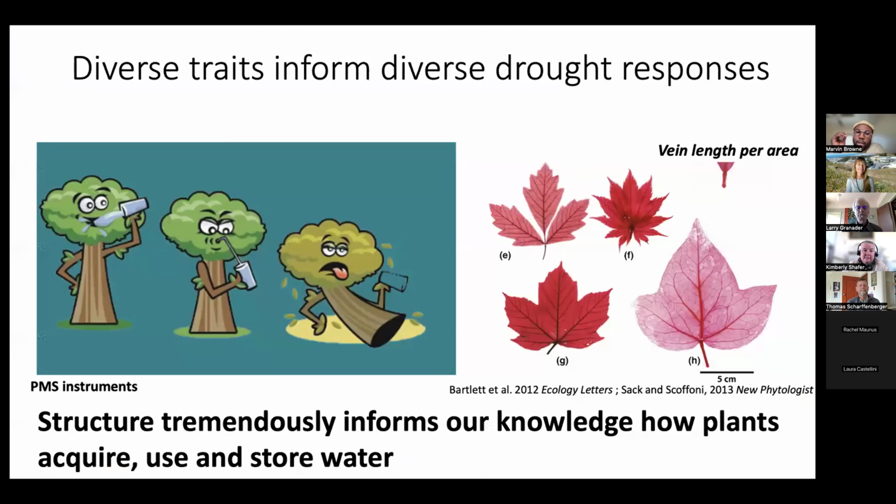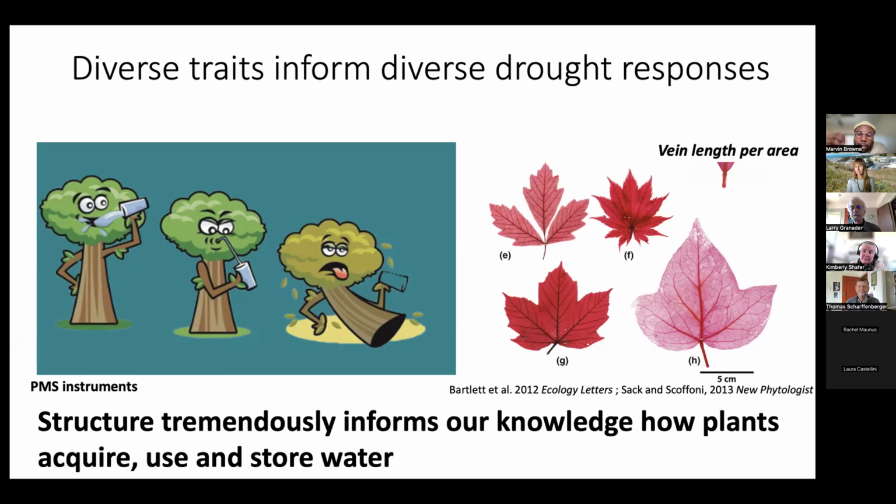And as a plant physiologist, I try to understand the ways that we can measure the water stress and water status of plants, especially as they dehydrate, and think about the traits that define how effectively these plants dehydrate. So on the right-hand side, you're looking at a bunch of red leaves that have had their chlorophyll removed to illustrate and emphasize the vein structure of the plants.